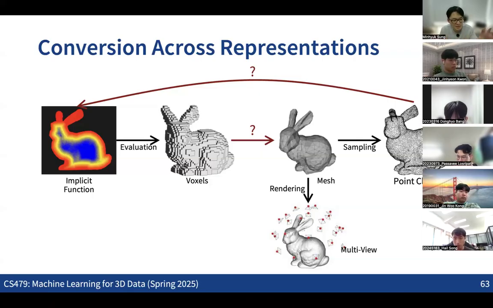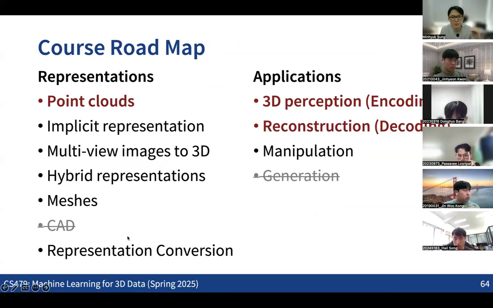But given this set of representations, what we are going to do is, for each representation, see how we can process or generate those types of data. Next time, we are going to start with the discussion about point clouds and how we can make encoding architectures that can process the 3D data and can also be used for 3D perception tasks, and also how we can make the simplest decoding architectures that can produce point clouds as the output.